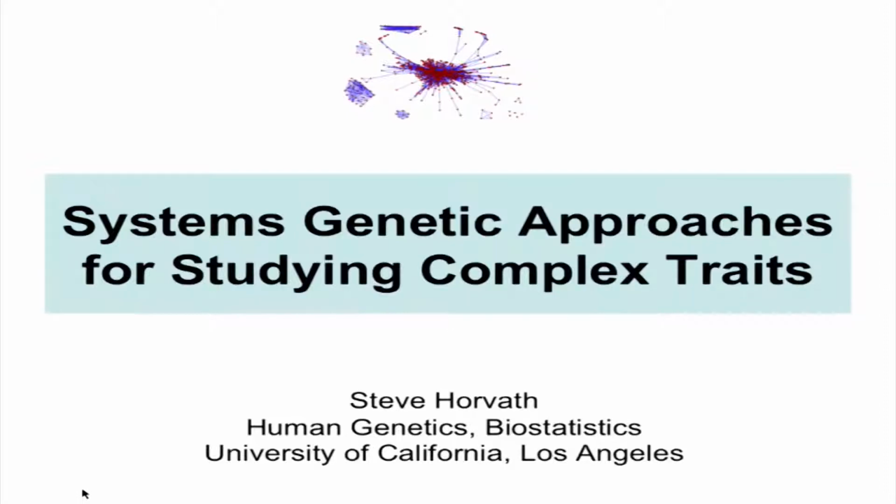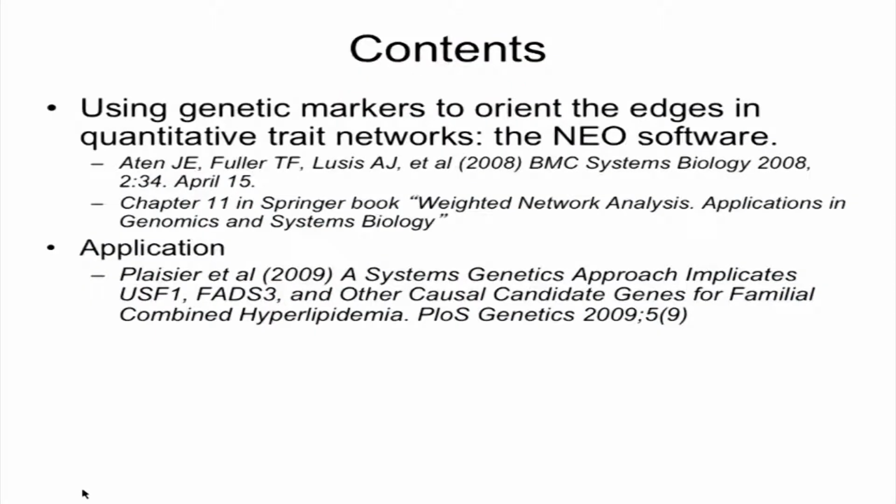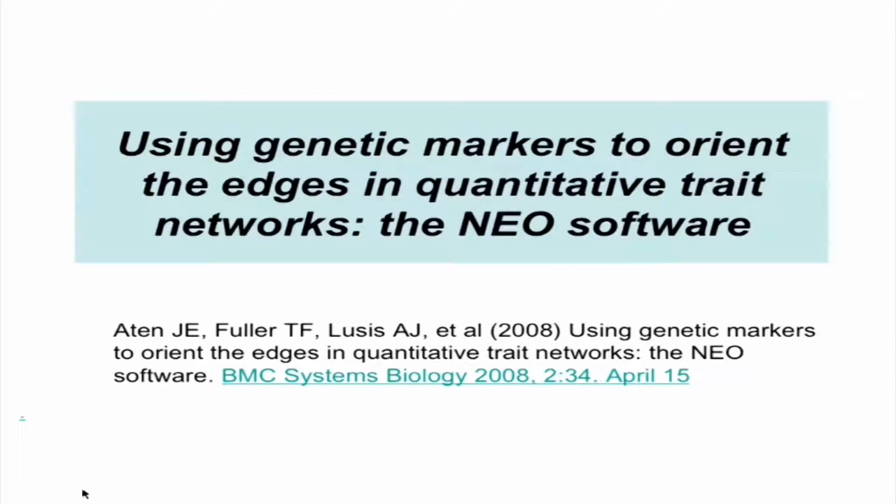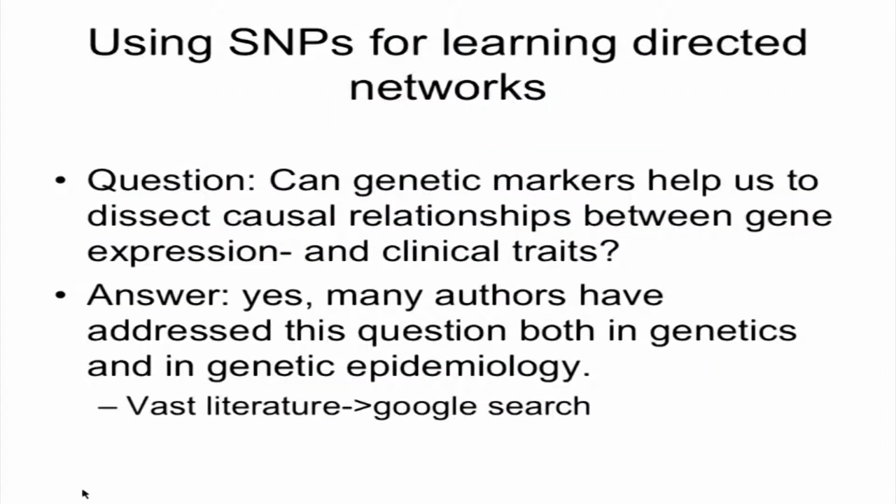I'll talk about a software called the network edge orienting software, which allows you to do causal inference based on genetic markers. So the overall question is, can we use SNPs for learning directed networks?